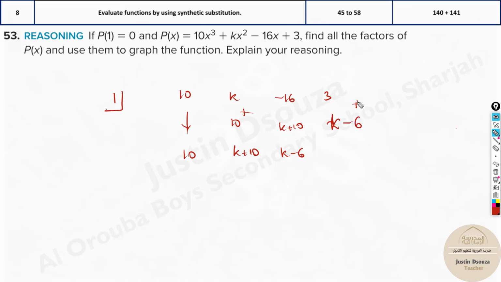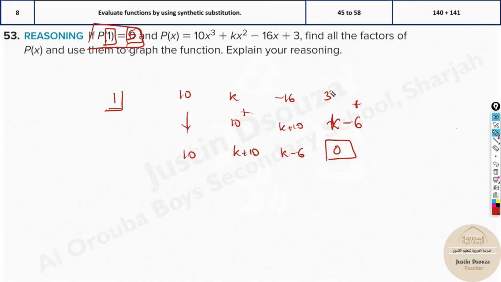Add them up, what must be the answer? We know since 1 is a factor, no matter what, the remainder, this one will be 0 because it's already mentioned here. So as long as I use 1 over here, 0 must be over here. That's the concept. If it was any other number, that number must be put. Imagine they gave say 5 over here, then put 5. Now we can easily solve k, isn't it?